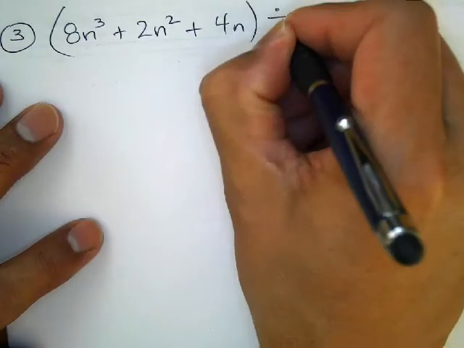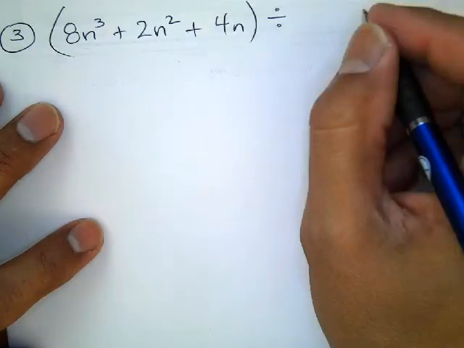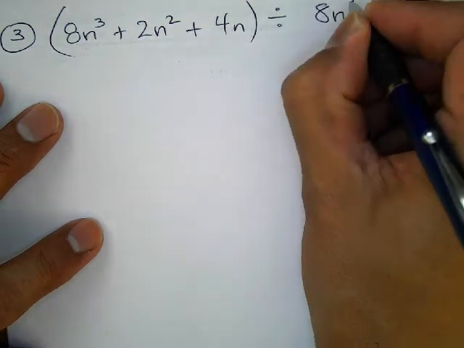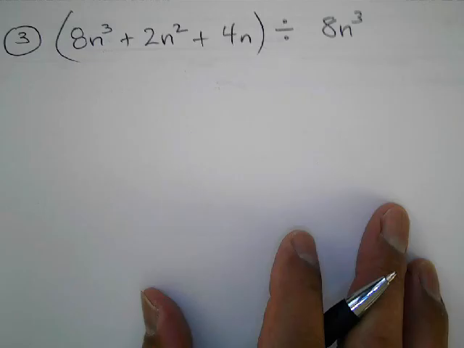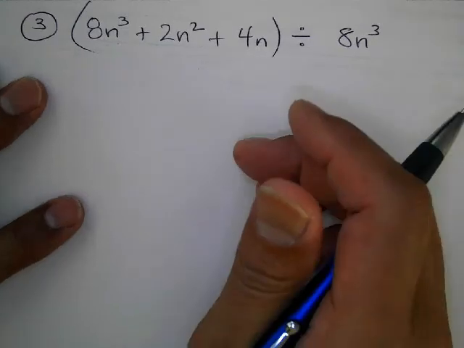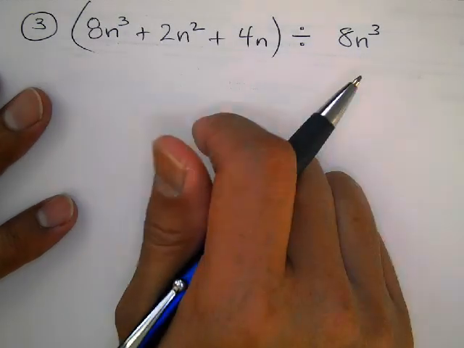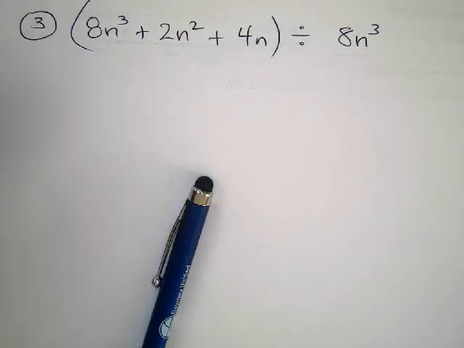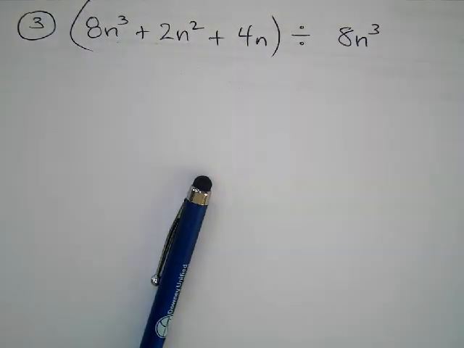Plus 8n squared plus 4n. This divided by what? 8n cubed. All right, try to do the first and second.